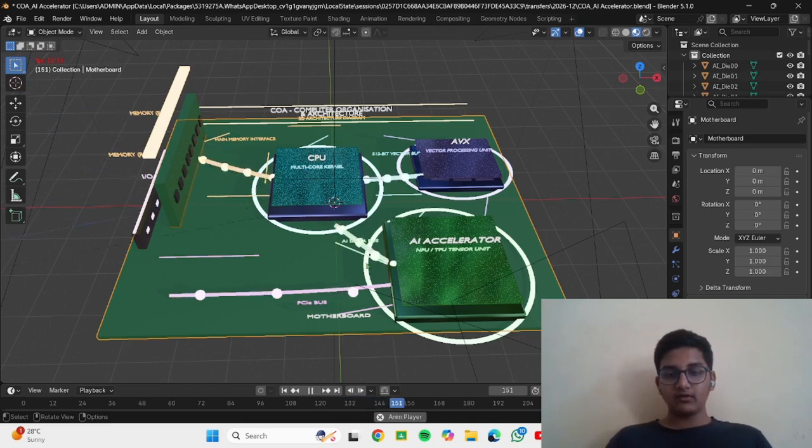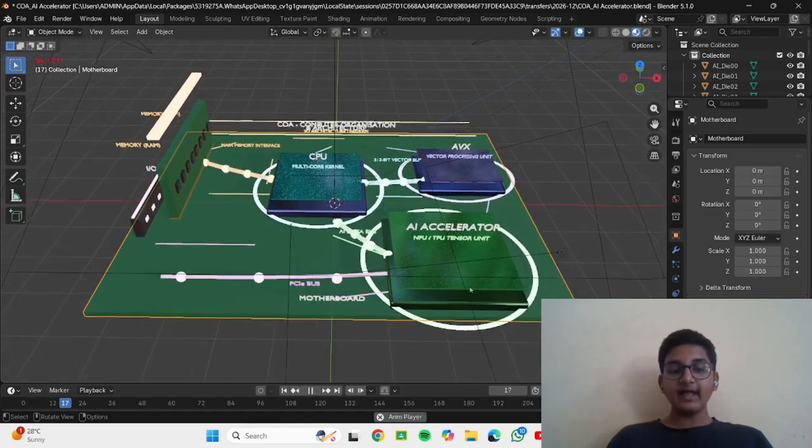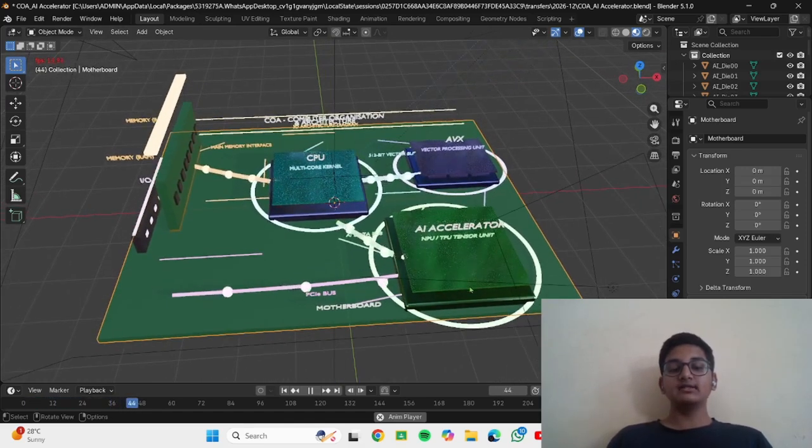Now we will move over to the main part, which is the AI accelerator. To handle AI workloads more efficiently, specialized hardware called AI accelerators is used. Examples include TPUs, which are tensor processing units, and NPUs, which are neural processing units. These accelerators are specifically designed to perform operations used in artificial intelligence, especially matrix multiplication.